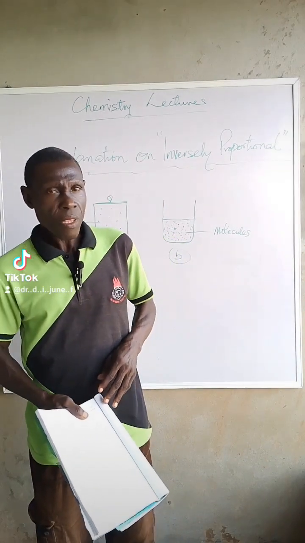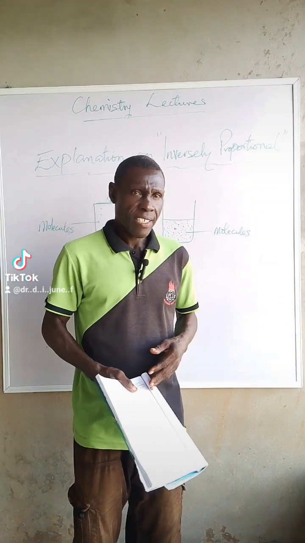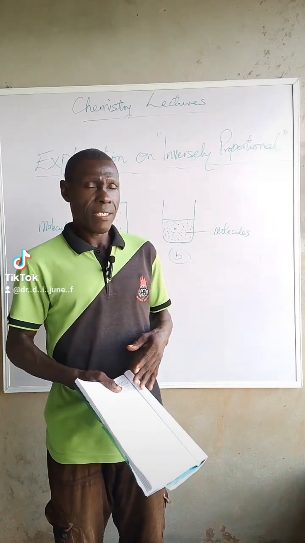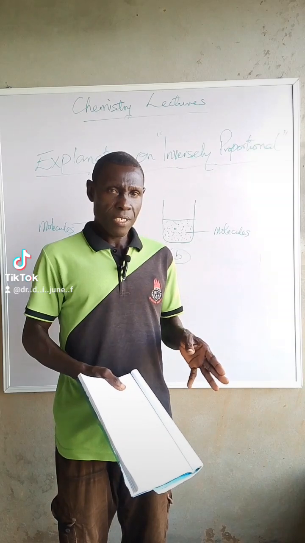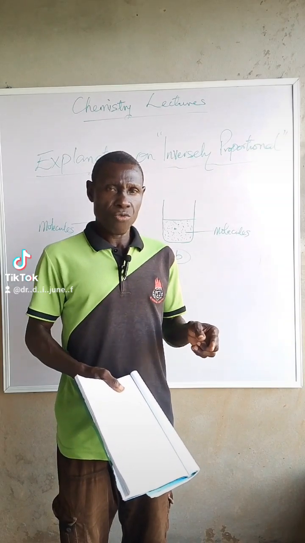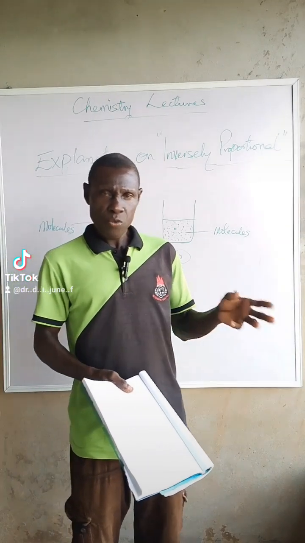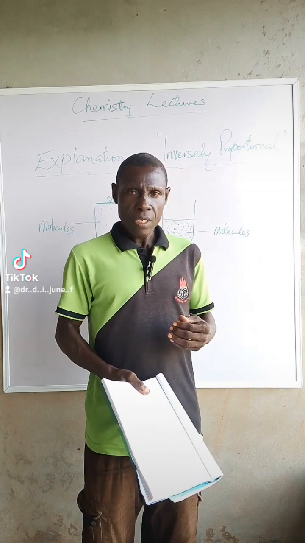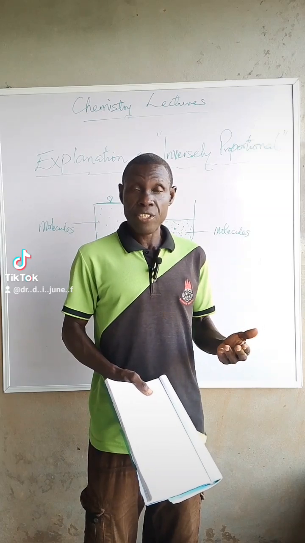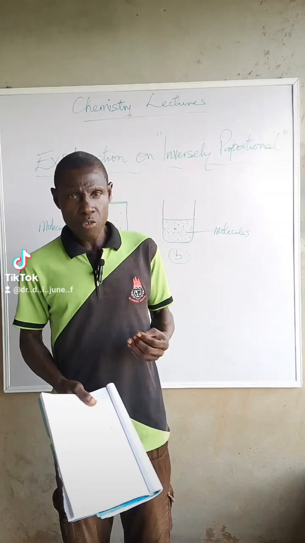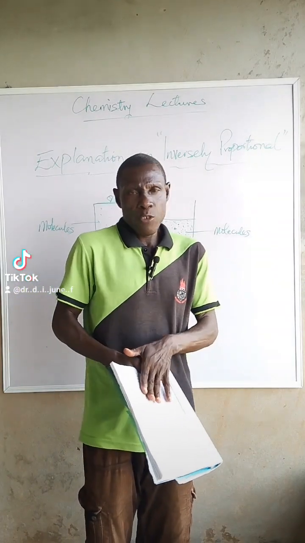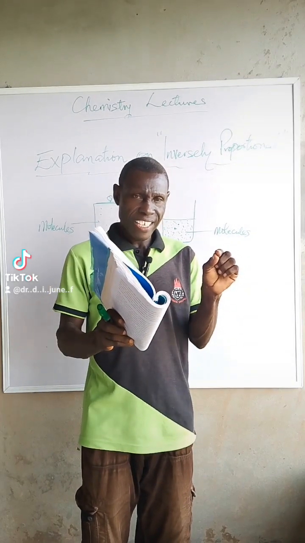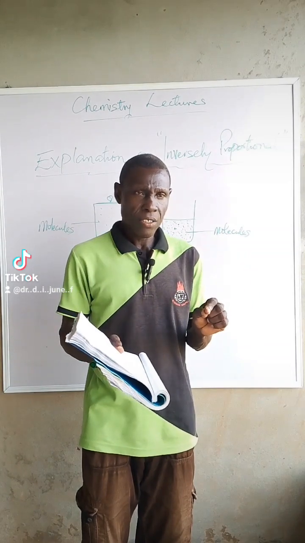And I said, if you define Boyle's law by saying P1V1 is equal to P2V2, I'll mark it for you, where P1 is the initial pressure, V1 the initial volume, P2 the final pressure, and V2 the final volume. Now, right away, I want to demonstrate that phrase, inversely proportional.